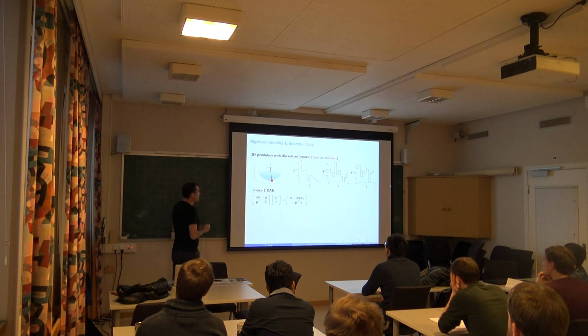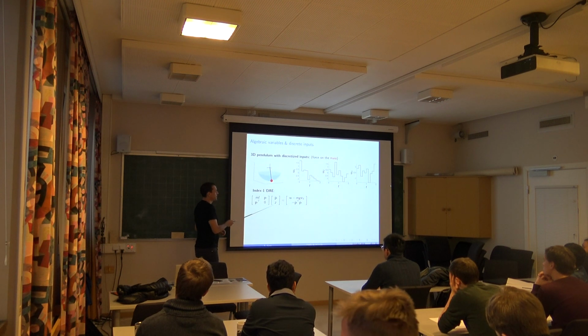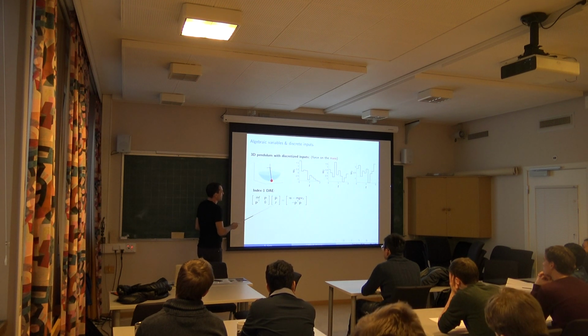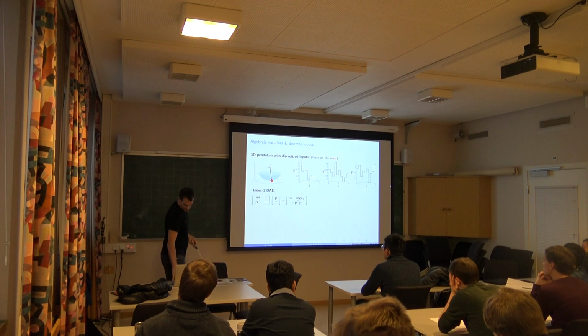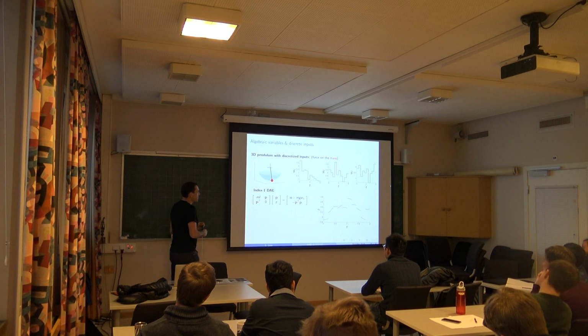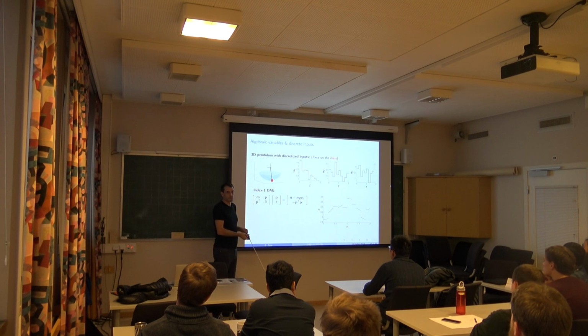That's my index 1 DAE. So the input enters here and is jumping around, and Z comes in here, and that's basically given by solving this linear system. What happens to Z if I simulate my pendulum with these inputs? It jumps around as well, right? And remember, Z is the force in the cable.